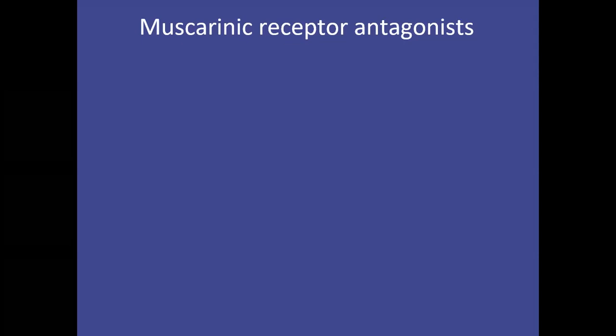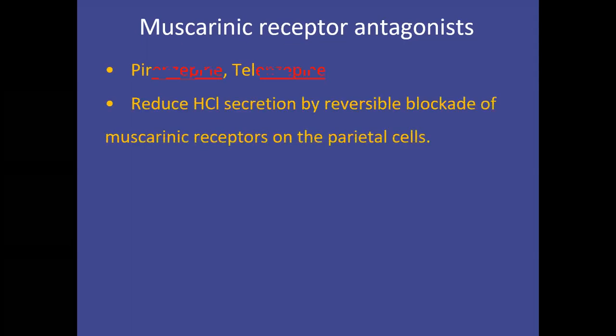Muscarinic receptor antagonists: you know the role of muscarinic receptors in the regulation of HCl secretion. Two drugs, pirenzepine and telenzepine; any drug which ends with enzepine is also a muscarinic receptor antagonist from this class. They reduce HCl secretion by reversible blockade of muscarinic receptors on the parietal cells.